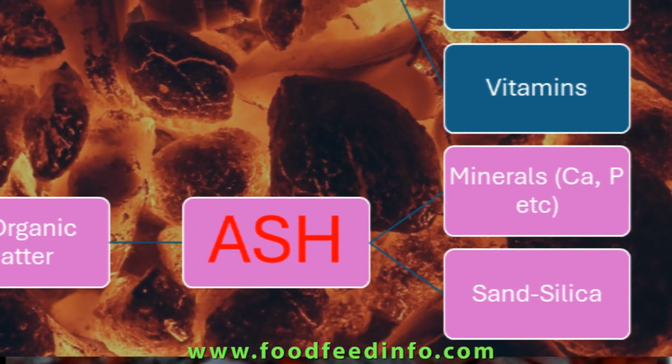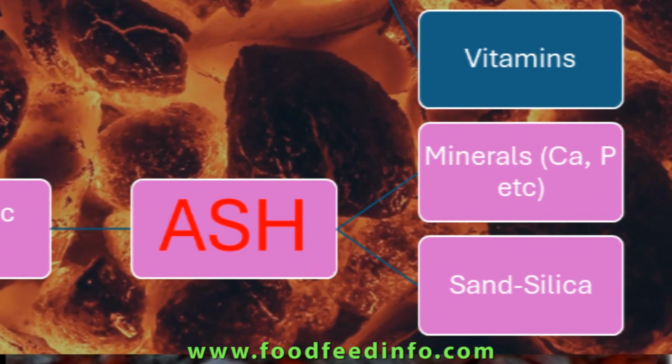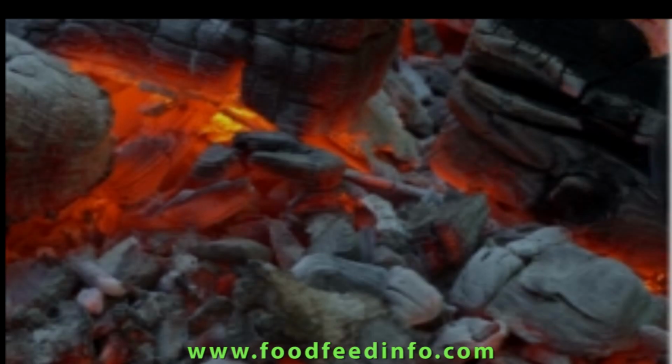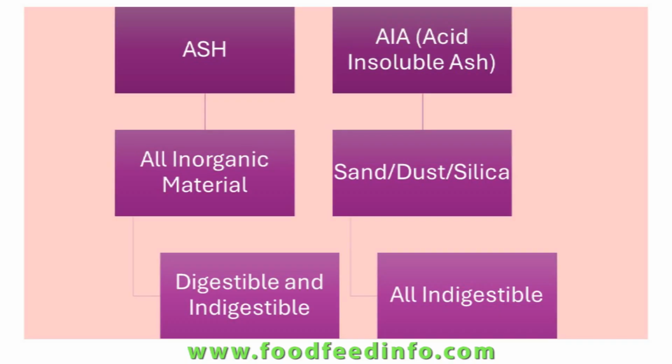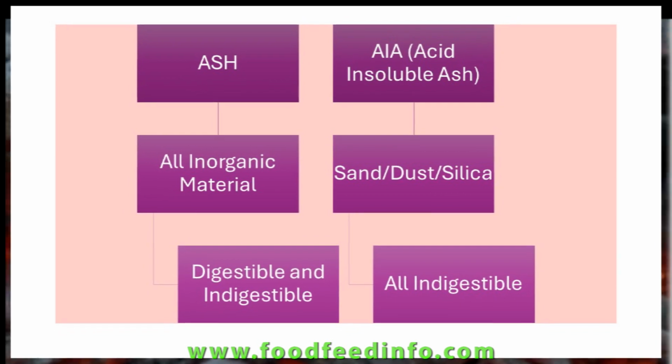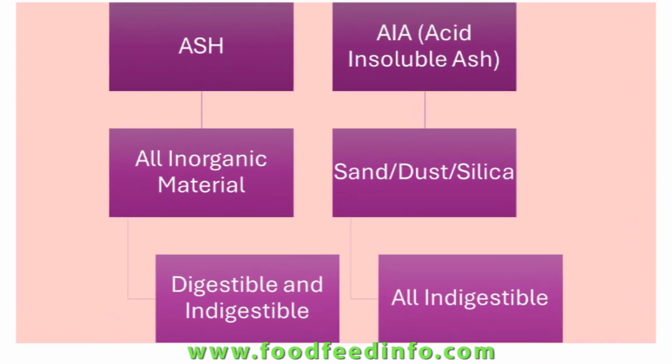But if there is a mixing of some sand or some indigestible component like silica, that is considered as an undesirable component. So we can say that ash is not useless, but what is present in the ash is more important. For that we have more analysis. We use acid insoluble ash analysis to check which component is more in the ash.